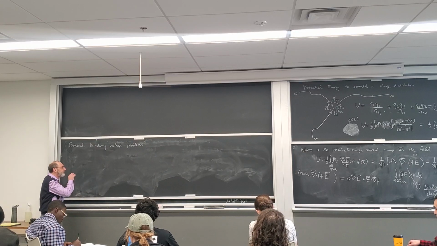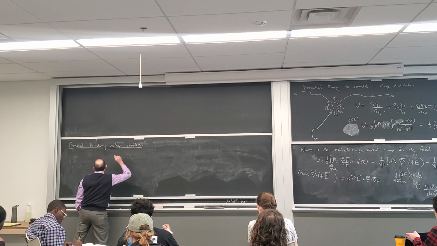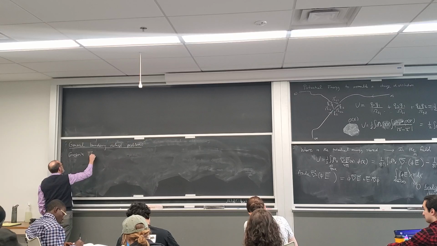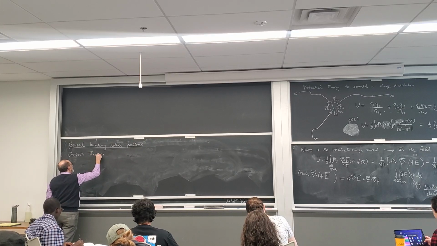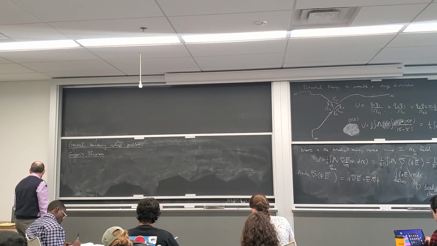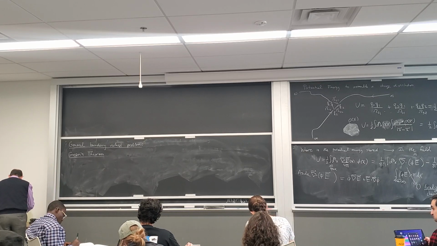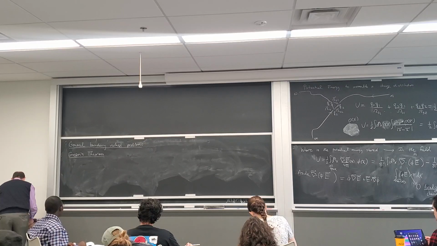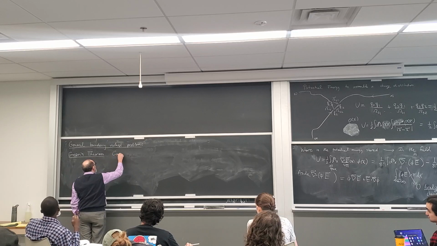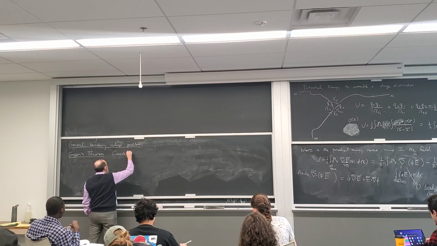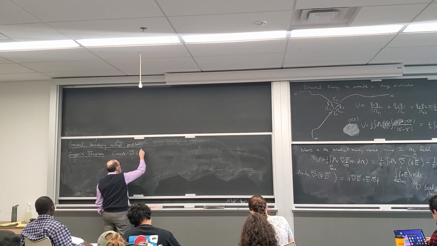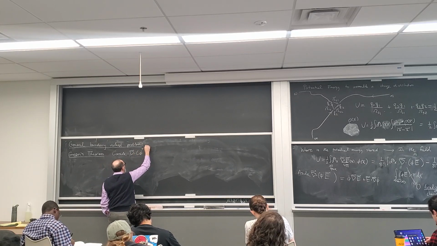So to do that, we're first going to start with Green's theorem, from which the Green's function comes more generally. Green's theorem says, let's consider the divergence of some scalar field, let's say that's the electrostatic potential.